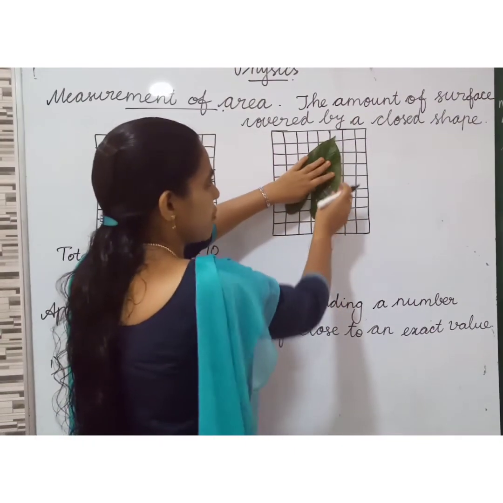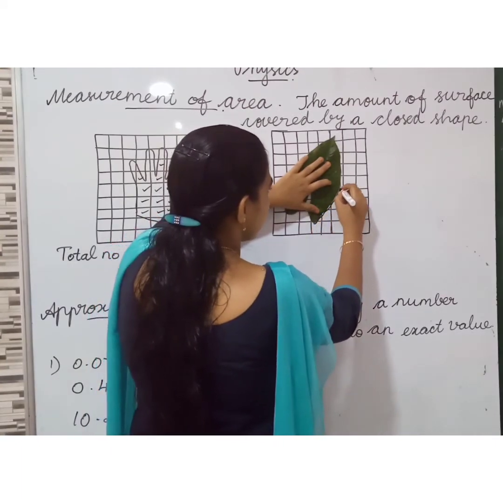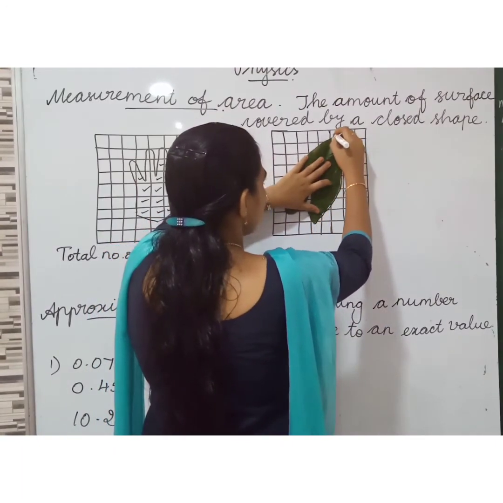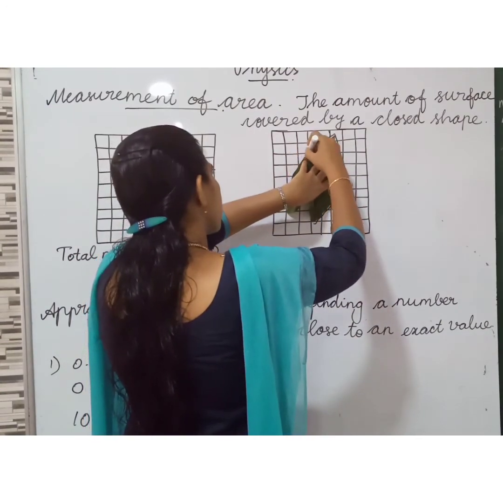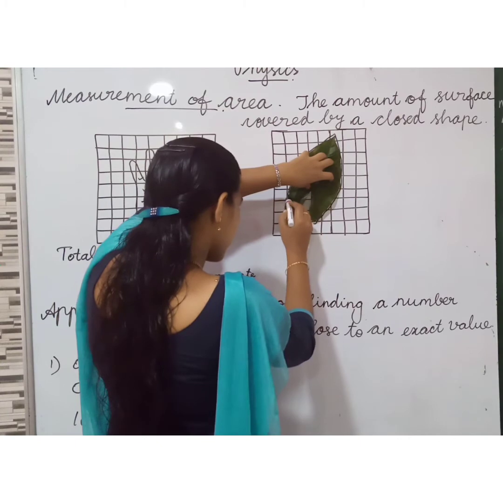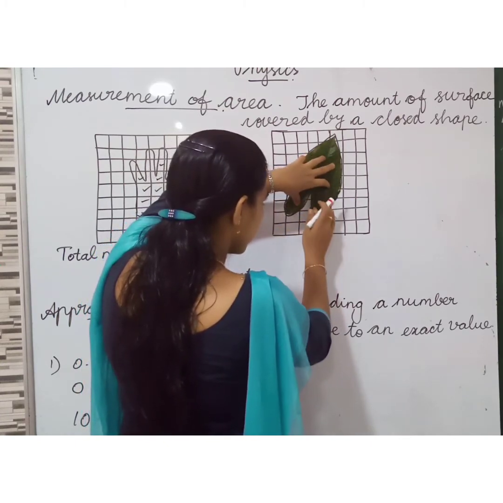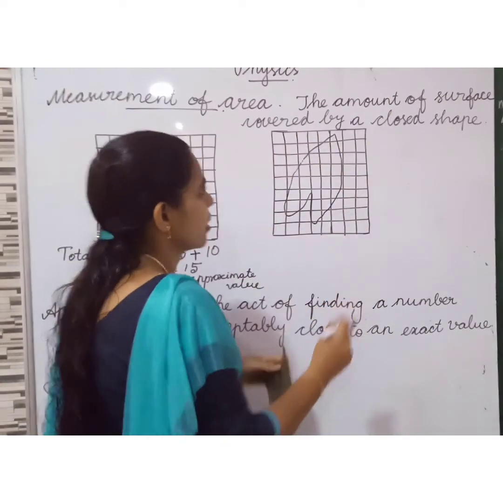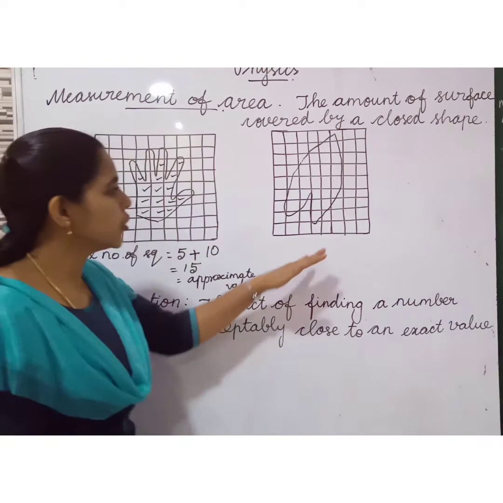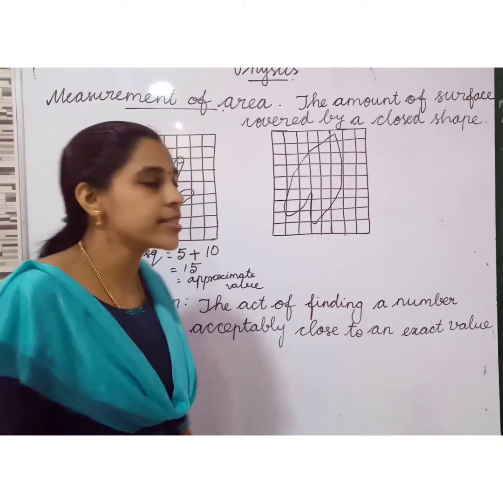First, you have to keep the leaf here, then draw the outline. Now what do we have to do? First we have to count the number of complete squares.